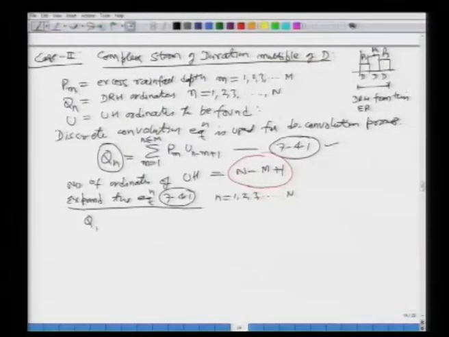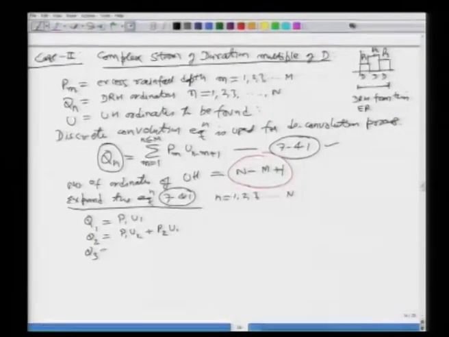So, you will have q 1 is equal to P 1 u 1, q 2 is P 1 u 2 plus P 2 u 1, q 3 will be equal to P 1 u 3 plus P 2 u 2 plus P 3 u 1.